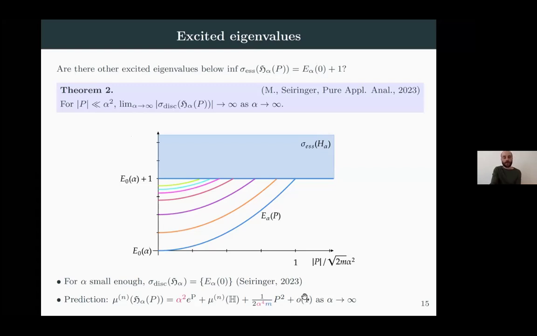We have a clear prediction where they should actually be found. And this connects a little bit to the first part of the talk, where we discussed this confined version of the Polaron. The prediction is that these eigenvalues should be found around the eigenvalues of these quadratic operators that describe the fluctuations around the classical field.